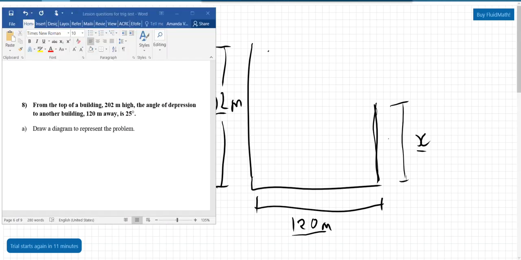Now, the next thing we have to look at is, it tells us that the angle of depression, so we'll read it again, from the top of a building, 202 meters high, so the taller building, the angle of depression to another building, 120 meters away, is 25 degrees.